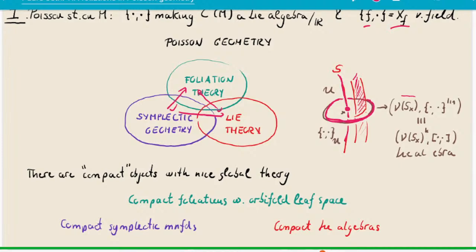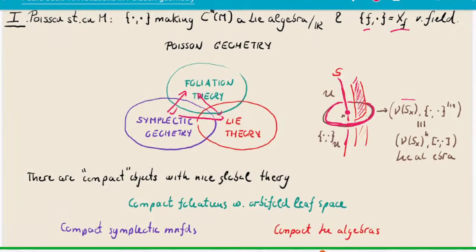And in Lie theory, the nice compact objects are the compact Lie algebras, the Lie algebras of compact Lie groups. The natural hope is whether one can give a notion of compact object in Poisson geometry in such a way that some of the nice properties that we see in foliation theory, symplectic geometry, and Lie theory can be carried over to these compact objects.